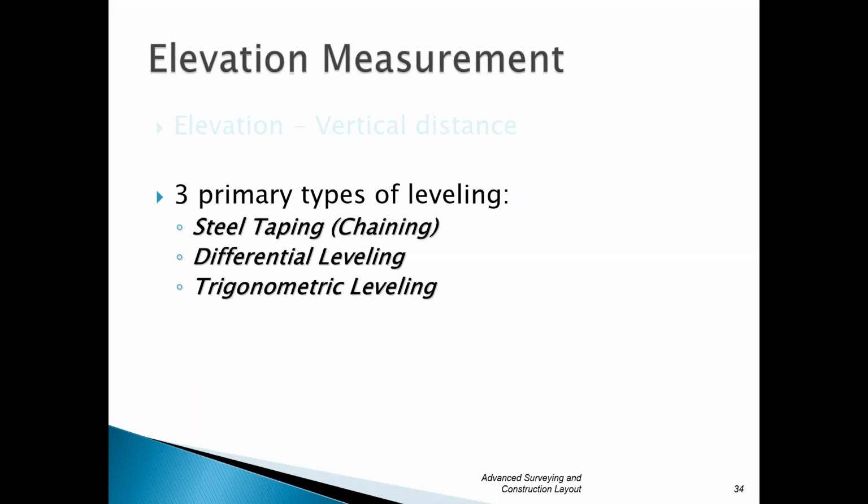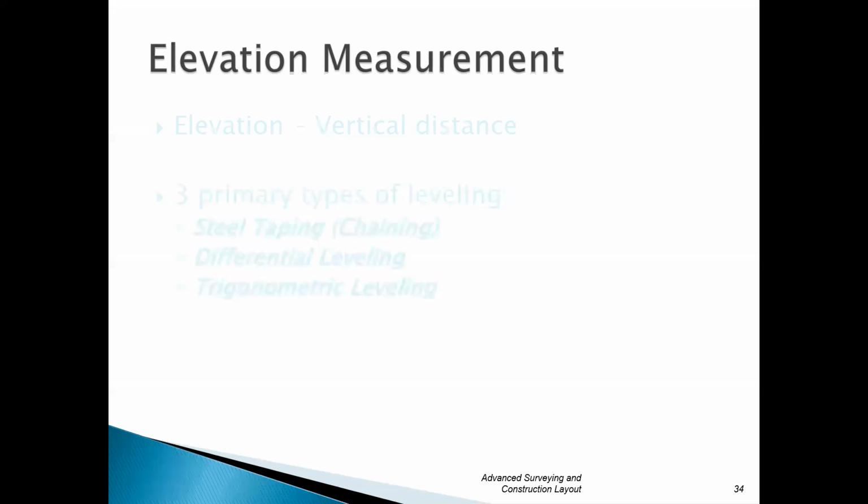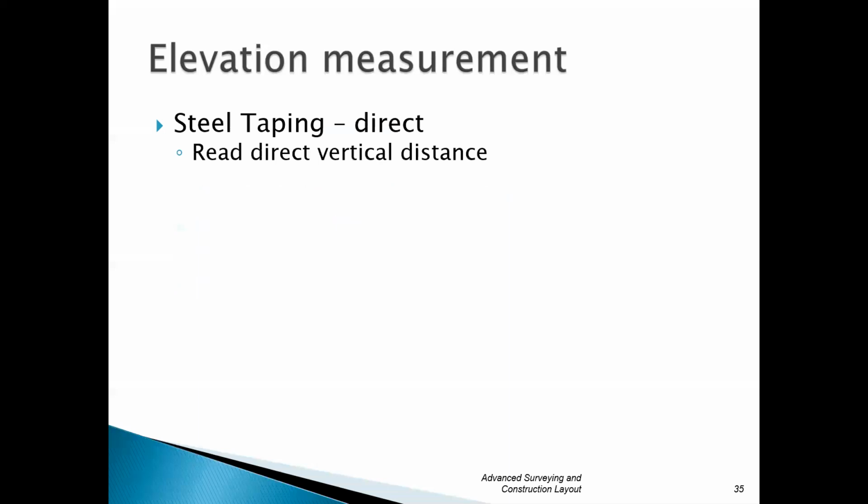They all have their virtues. Probably the best type of leveling is differential, because it's truly giving you a good measurement. It's quick, it's easy, and it does yield very good results. Steel taping is direct. It's nice. What you have to do, though, is make sure that you're holding that steel tape along the vertical line.